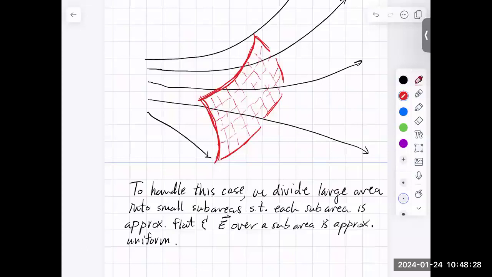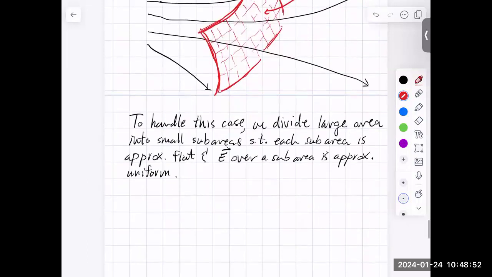And then you go in and say, okay, here is my little patch or my little sub-area. Let's say I, okay? And so I is just a little index. I have patch 1, 2, 3, 4, 5, 6, 7, 8, 9, up until however many there are.